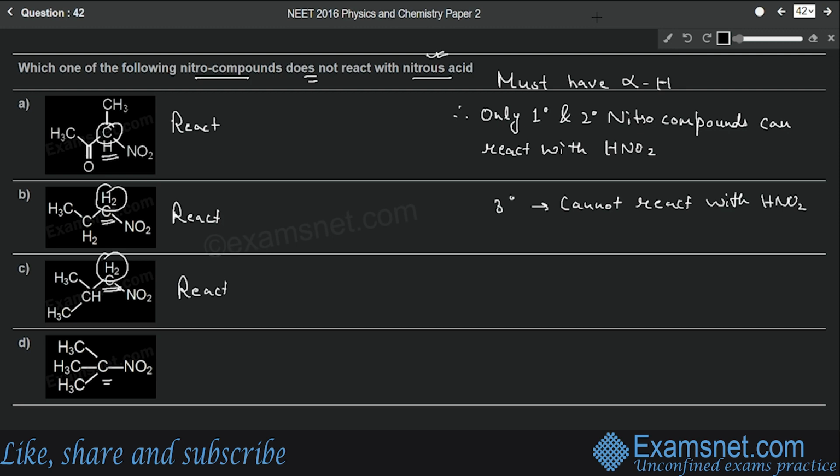In the last option, this is your alpha carbon and there is no alpha hydrogen attached to it. All are methyl groups, no alpha hydrogen, therefore it will not react, or we can say that it is a 3 degree nitro compound, therefore it will not react with nitrous acid. So option D will be the correct answer.